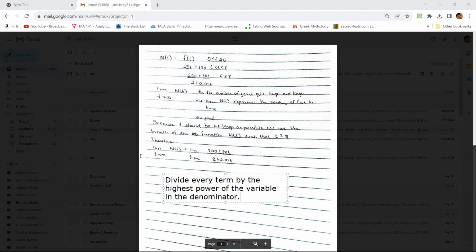The other piece of this, if you think back, is a pre-calc skill. If this is your function, 200 plus 80t over 2 plus 0.5t, where's the horizontal asymptote here?